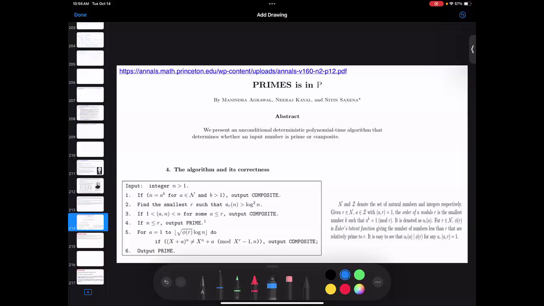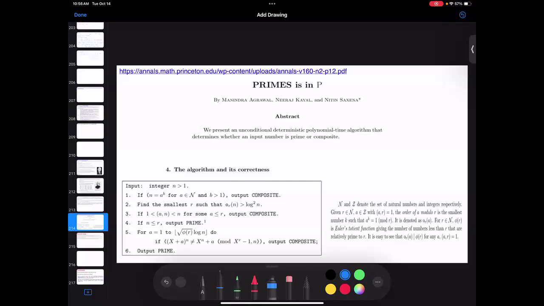So as a big question, is there a deterministic way to tell if a number is prime? And can you do that quickly? And the measure of quickly is some power of the log of the number. Why the log of the number? That tells you the number of digits. So if I give you a number that's 100 digits, the log of that number is going to be around 100.